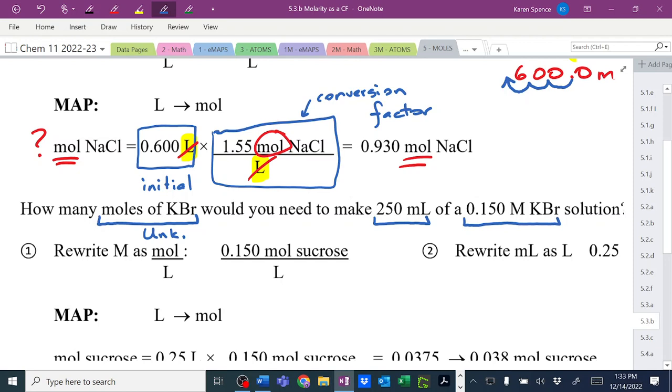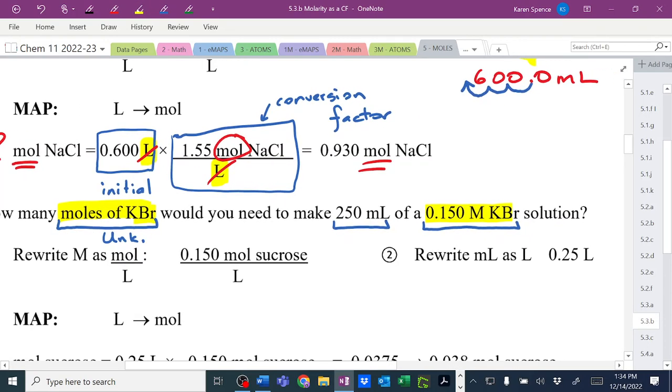Tell your partner, what is the initial quantity? What are we starting with? We have 3 choices. Is our initial quantity the moles? Can't be the moles because that's the unknown. Is our initial quantity the molarity?